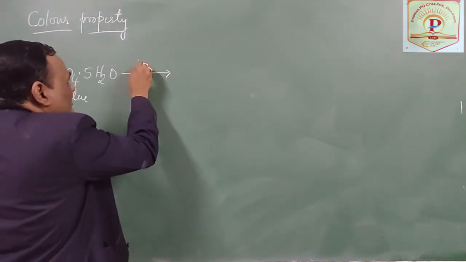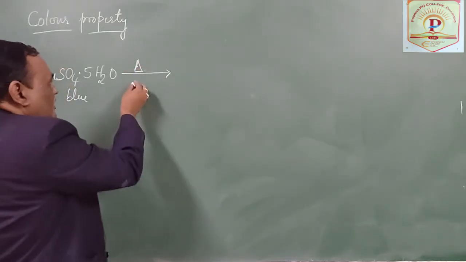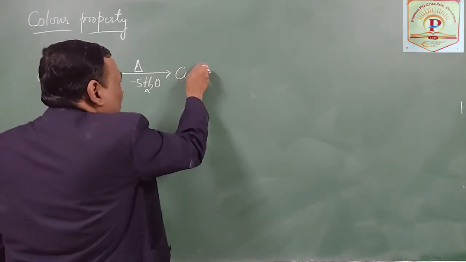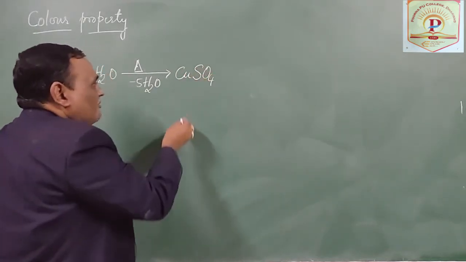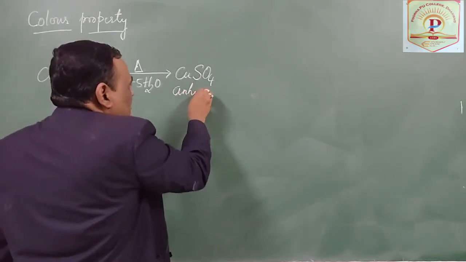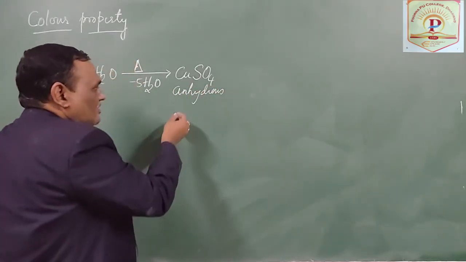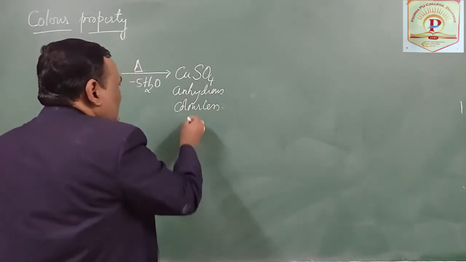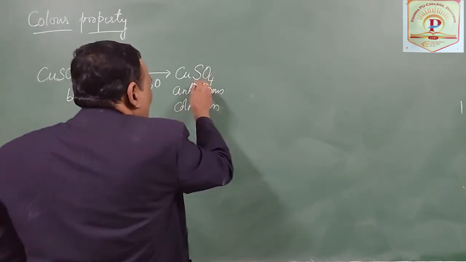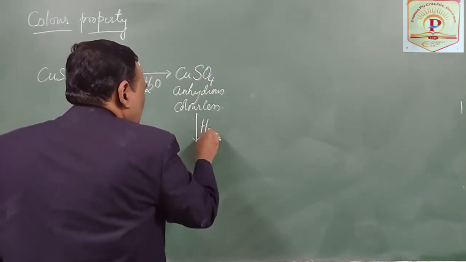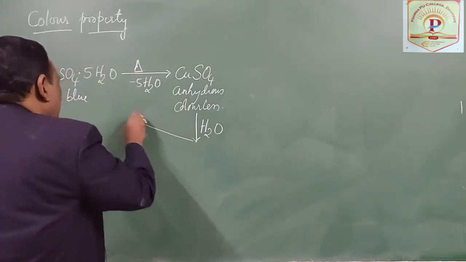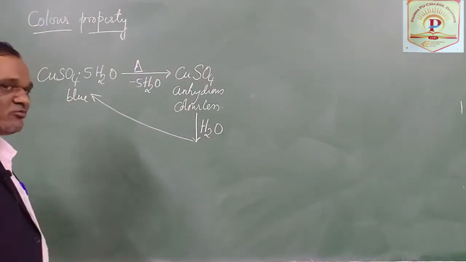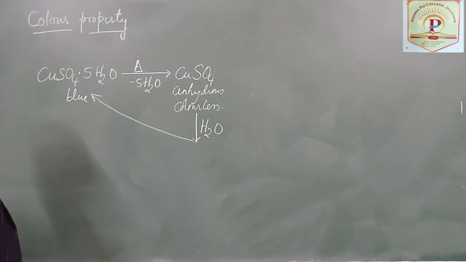When you heated it, it lost the 5 water molecules and converted into water-free copper sulfate, which we call anhydrous copper sulfate, which is colorless. And again, when I add the water, it converts back into the blue copper sulfate pentahydrate. That is what we observed through the experiment.